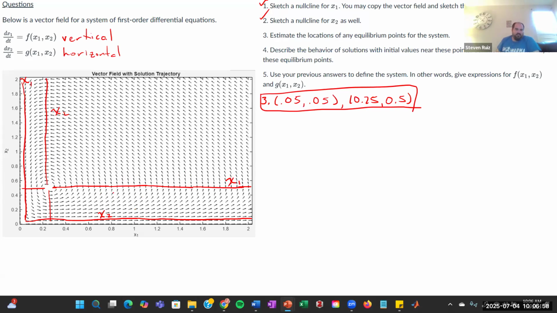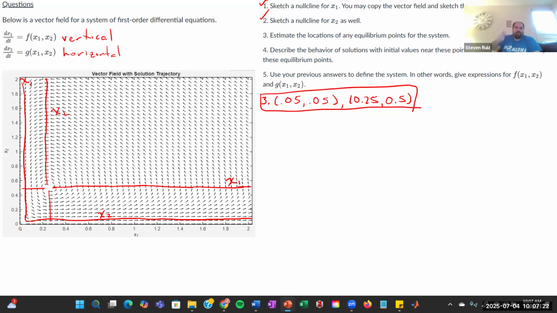Let's talk about 0.05, 0.05. It's hard to talk about the stability around that one because I don't have behavior. The only place I see that deviates from this point is basically upward and to the right of it.